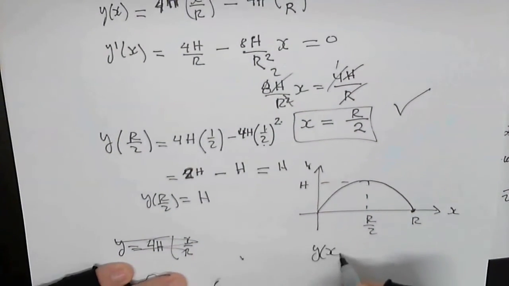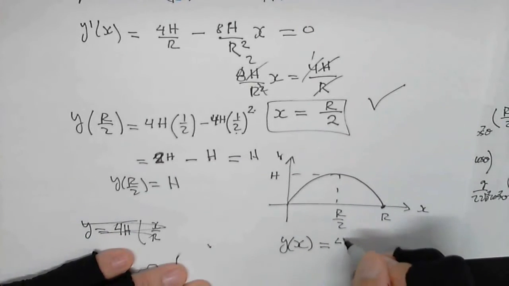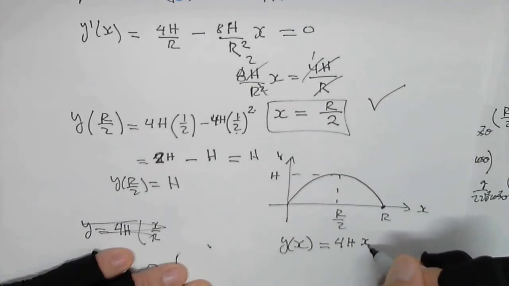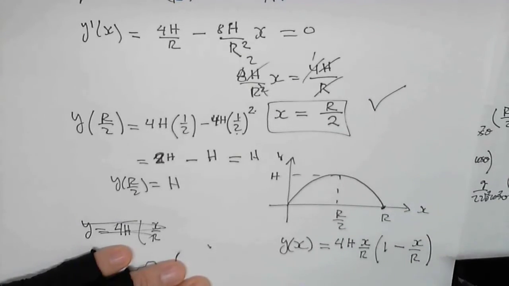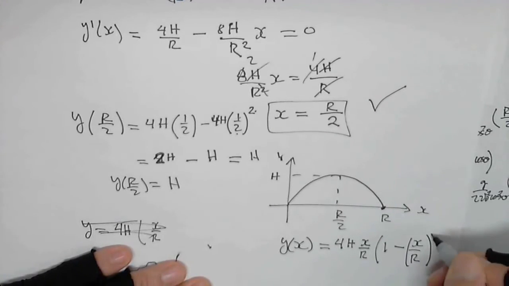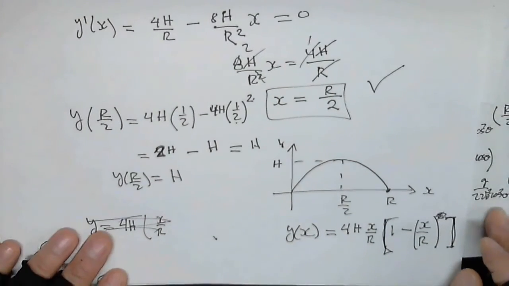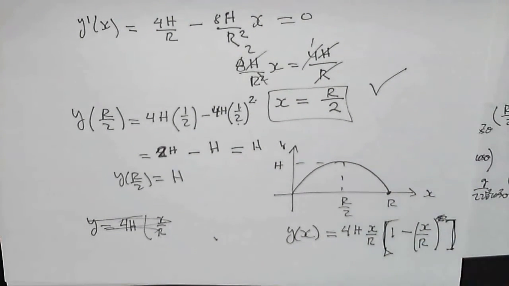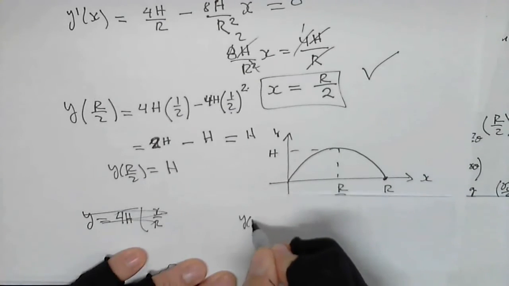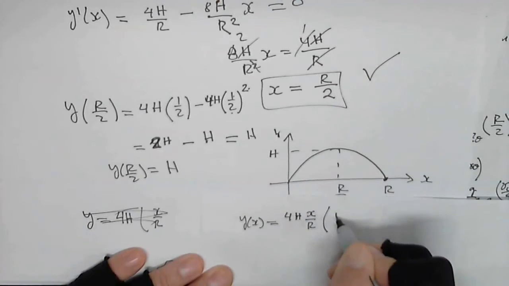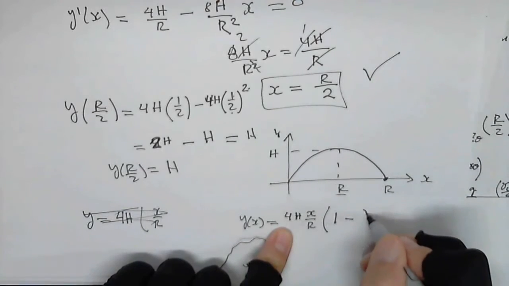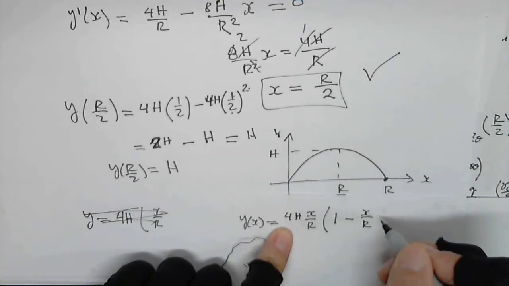So y of x is 4h x over r minus... I'll put it a cleaner way. y of x is 4h x over r times 1 minus x over r, like this.